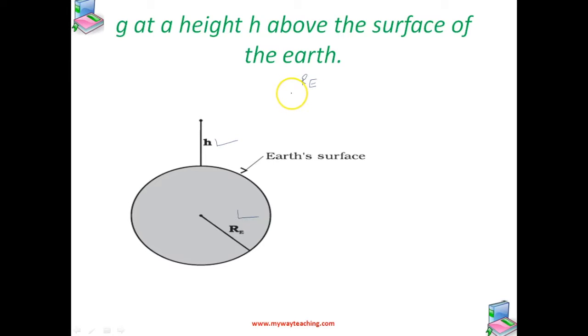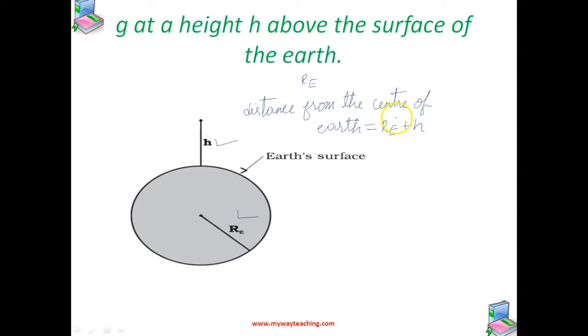Since this point is outside the earth, its distance from the center of the earth we can write as the radius of the earth plus height h, isn't it?